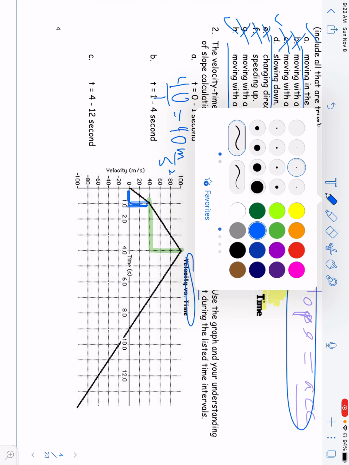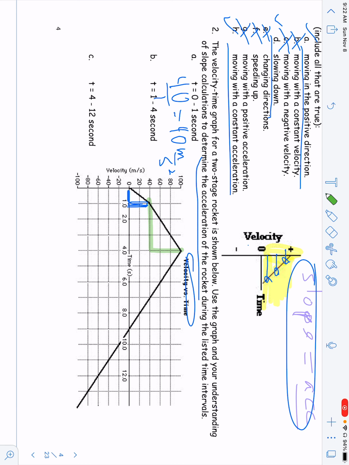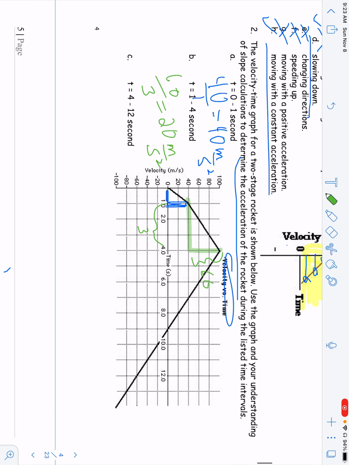For 1 to 4 seconds, 4 minus 1 is 3 for the run, and 100 minus 40 is 60 for the rise. Rise over run, 60 over 3 is 20 meters per second squared, positive because it's going uphill. For 4 to 12 seconds, I see that's a straight line, so I don't have to do the whole thing. I can pick any box.